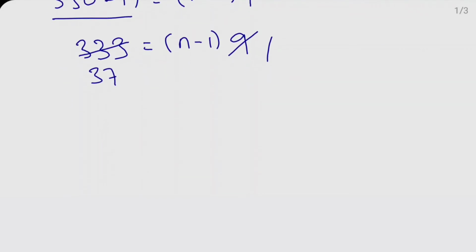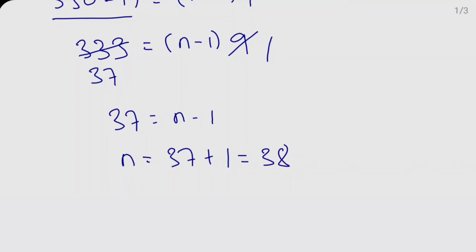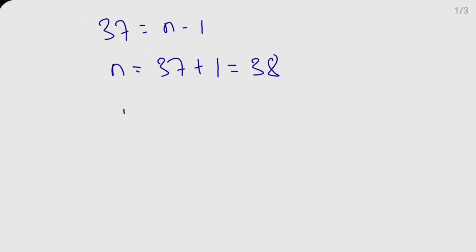So 37 equals n minus 1, so n equals 37 plus 1, so it is 38. So the number of terms is 38, and now we want to find their sum.